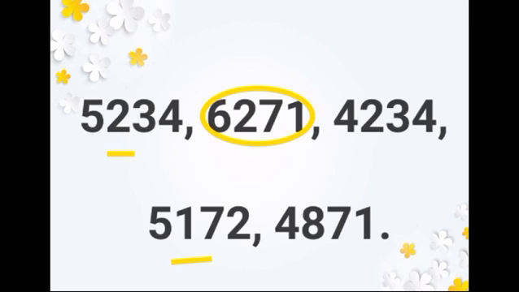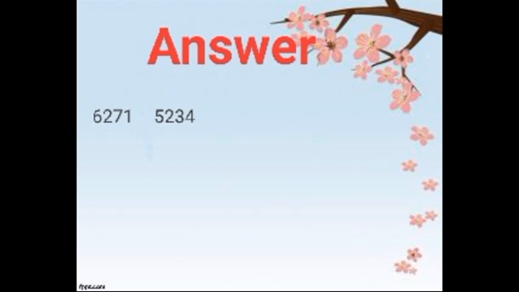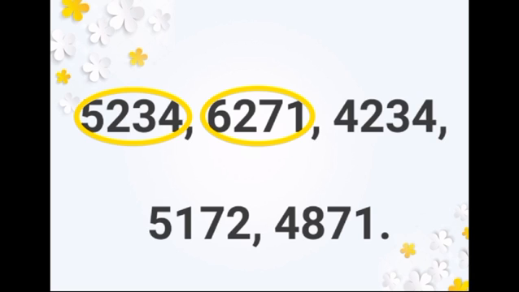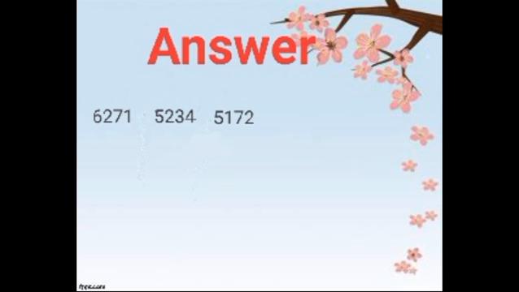Yes, very good. 2. So, the second number is 5234. Let's see the remaining 3 numbers. Dears, which is the next bigger number? Yes, 5172. So, the third number is 5172.